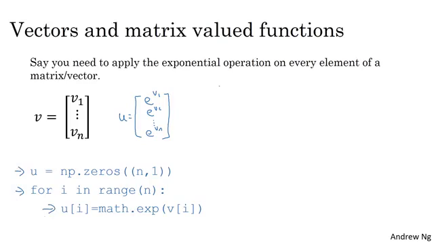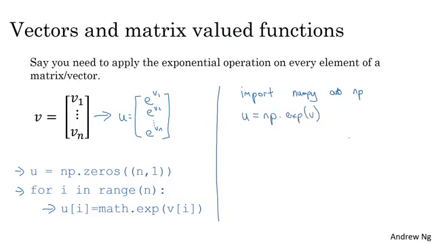But it turns out that Python and NumPy have many built-in functions that allow you to compute these vectors with just a single call to a single function. So what I would do to implement this is import numpy as np, and then you can just call u equals np.exp(v).